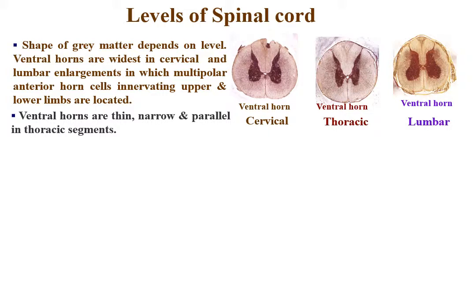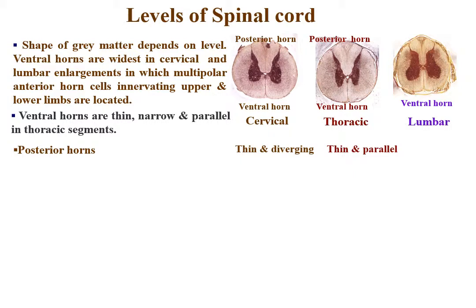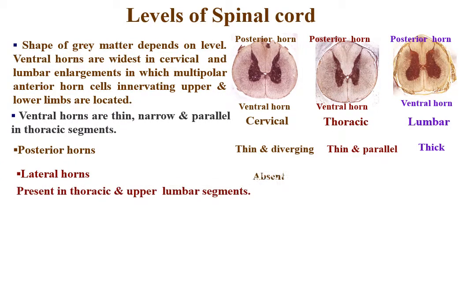Posterior horns are thin and diverging in cervical segments, thin and parallel in thoracic segments, thick in the lumbar segments. Lateral horns are present in thoracic and upper lumbar segments. The amount of gray and white matter in the different segments varies.